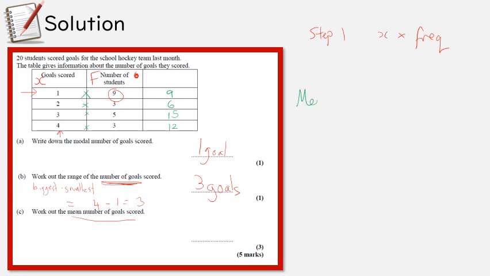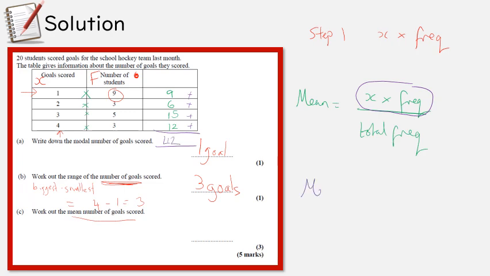So remember, mean equals the x times the frequency divided by the total frequency. So I've done x times frequency, but I need to add all of those numbers up, which gives me a total of 42. So I've got the top part of my fraction.